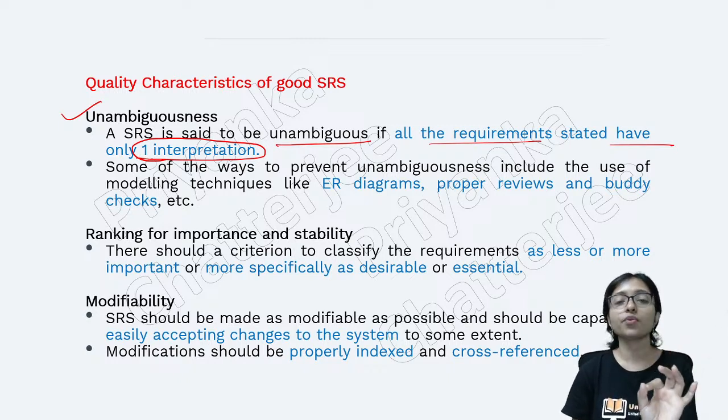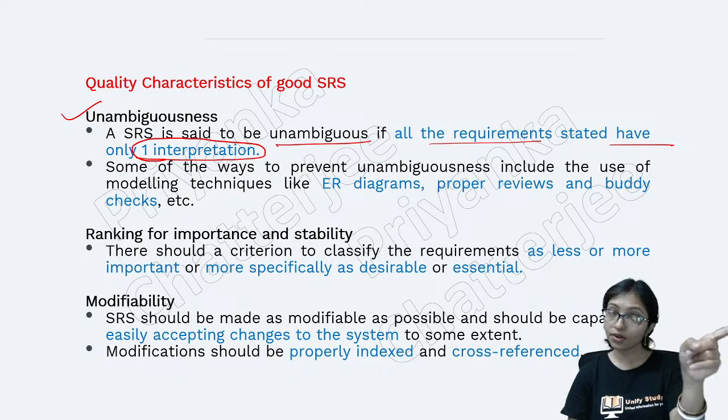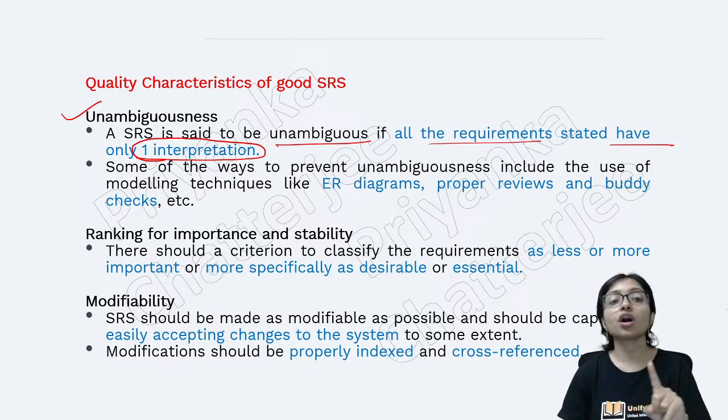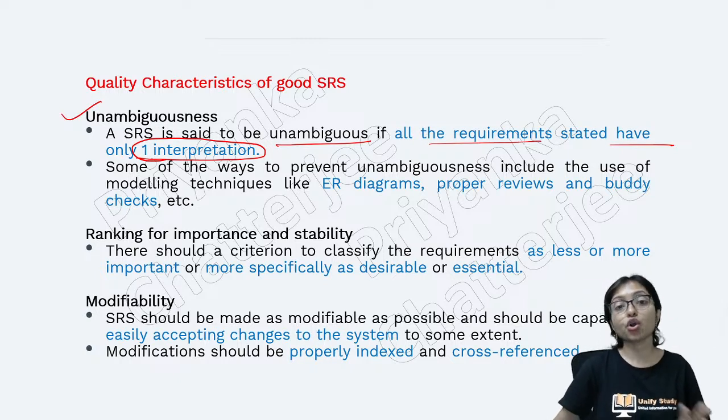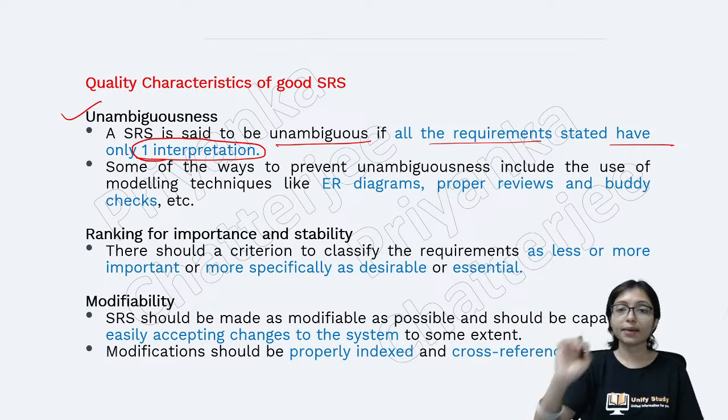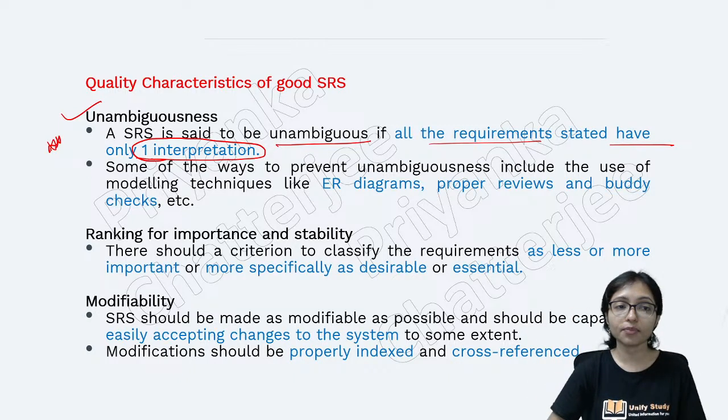Whatever language you are using, however you are framing sentences, there should be one interpretation. Everyone will understand one thing only. That is called unambiguous. It should not create multiple interpretations by multiple people, and it is a very important part.